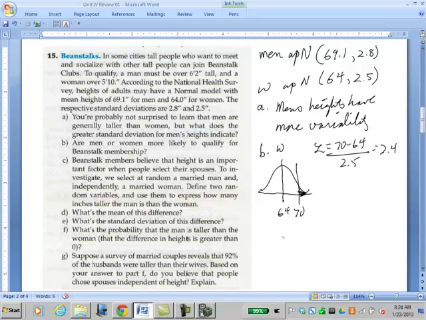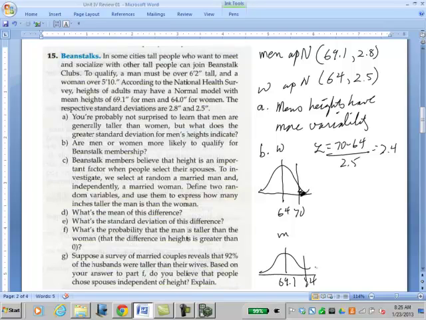Pardon me. Now, for men, 69.1 is in the middle, and they need to be, how tall do they have to be? Men have to be over 6'2", so 74. Right? 6'12" or 72 plus 2 is 74.